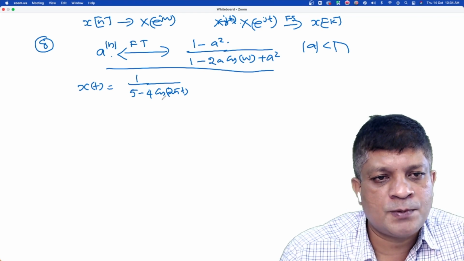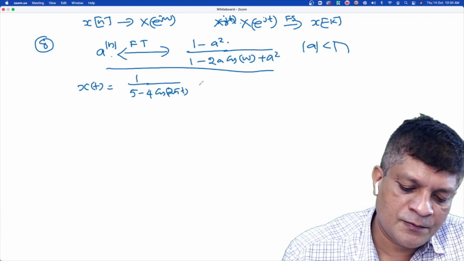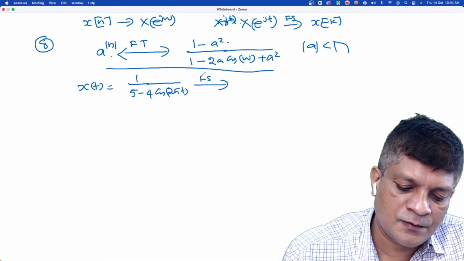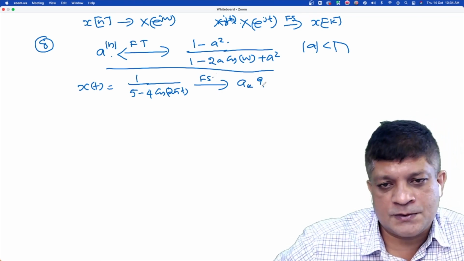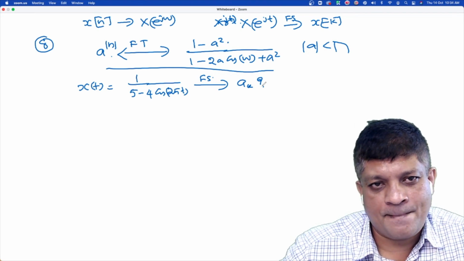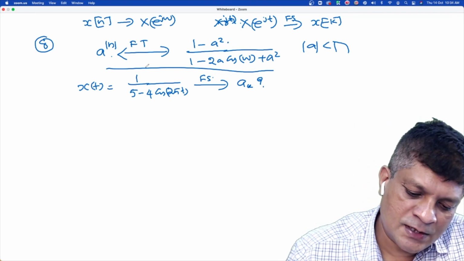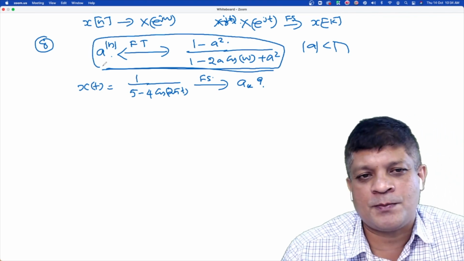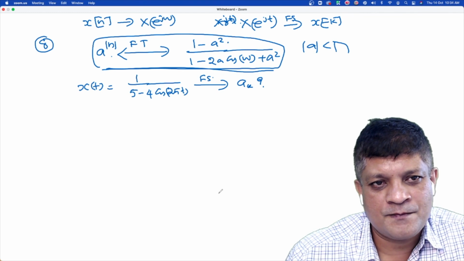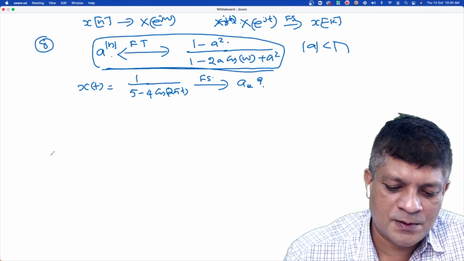Using the duality property, you have to find the Fourier series coefficients of this signal, let's say a_k. So first, let us apply the duality here. What is that? This is the duality property.